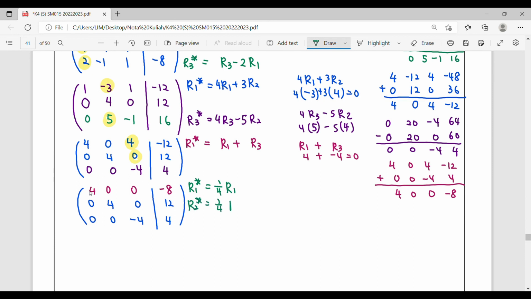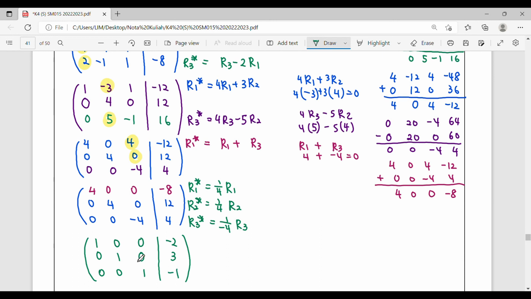For row 3, we divide by negative 4. So row 1 gives 1, 0, 0, negative 2. Row 2 gives 0, 1, 0, 3. For the third row, divide by negative 4, so it will be 0, 0, 1, negative 1.